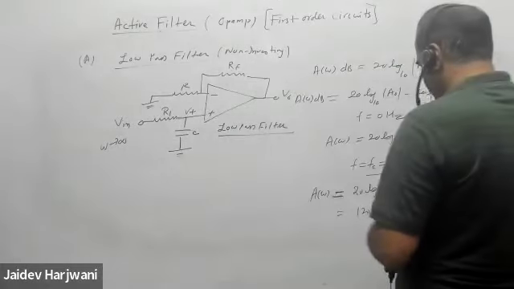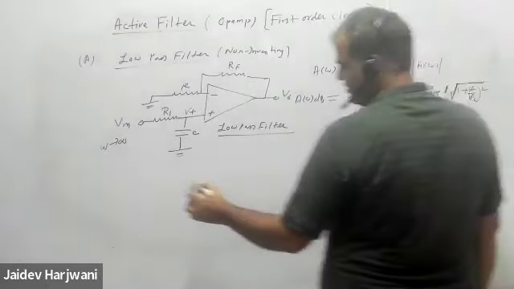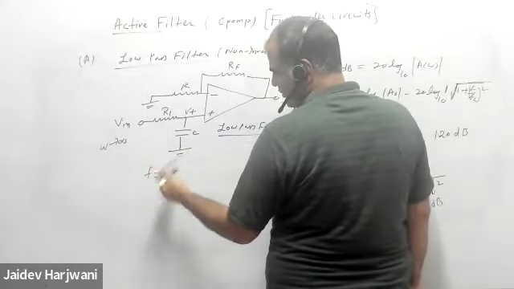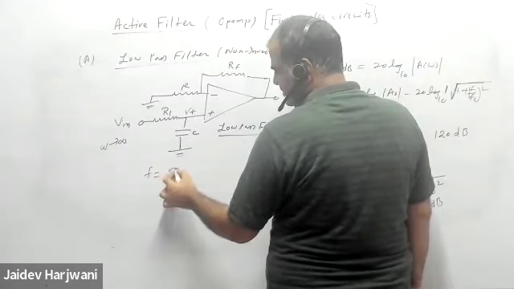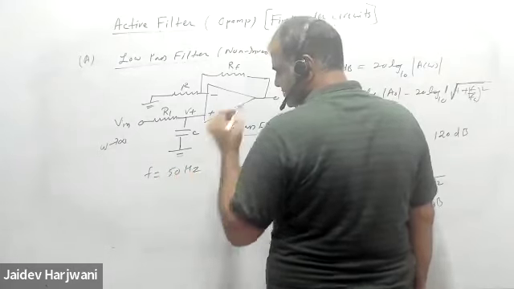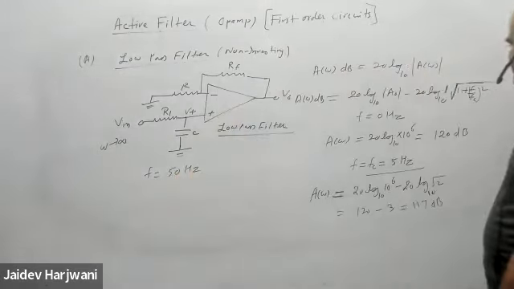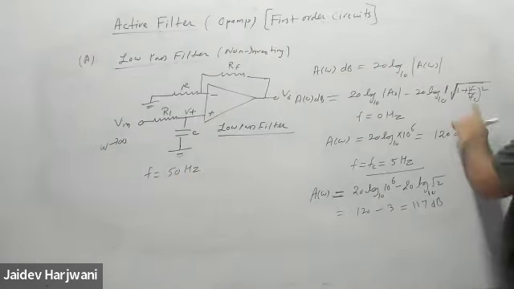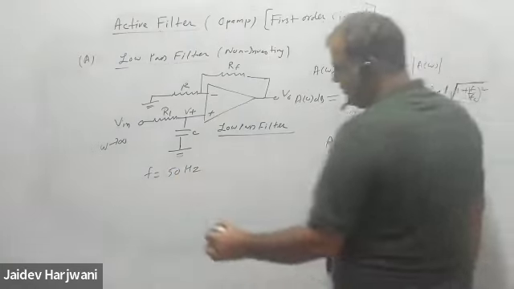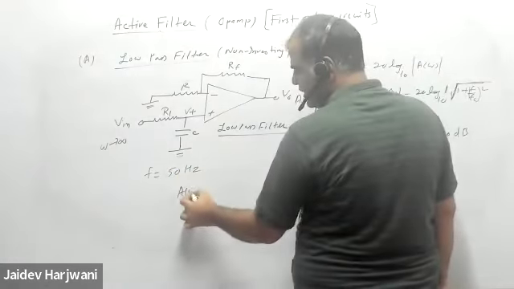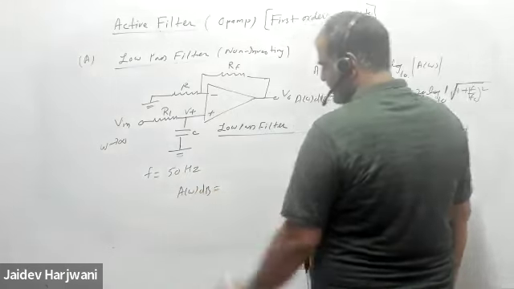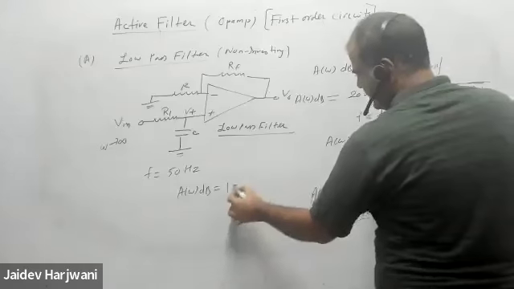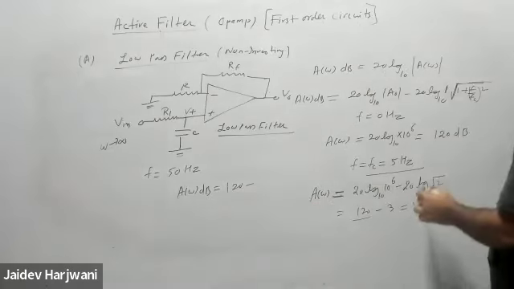Now let us say I increase my frequency to 10 times the cutoff frequency, that is, my frequency is 50 hertz. So now my gain will become 120, which is fixed, minus this value.